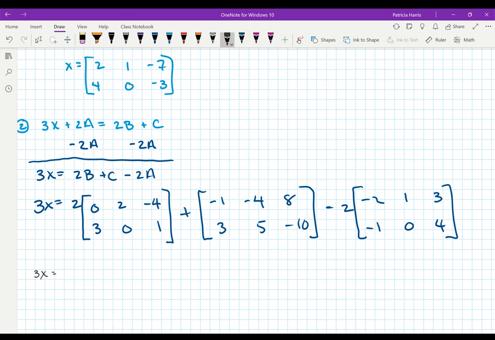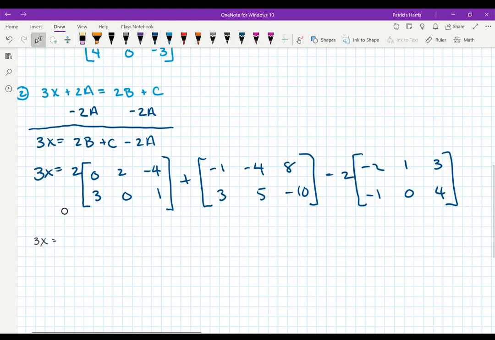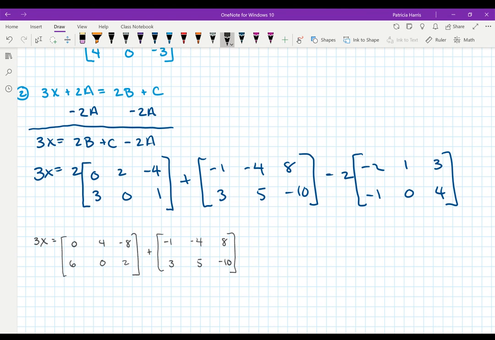Okay, so I'm going to do my scalar multiplication first, and then I'll do my combining. Okay, here we go. And again, if you can do this process faster by doing it in your head, that's perfectly fine. Okay, I'm going to go ahead and distribute that -2 in, so the outside changes to a positive.